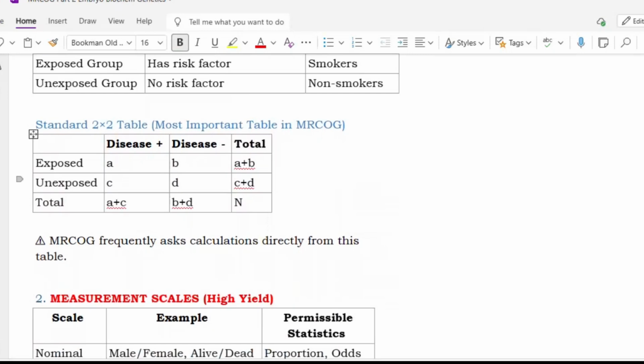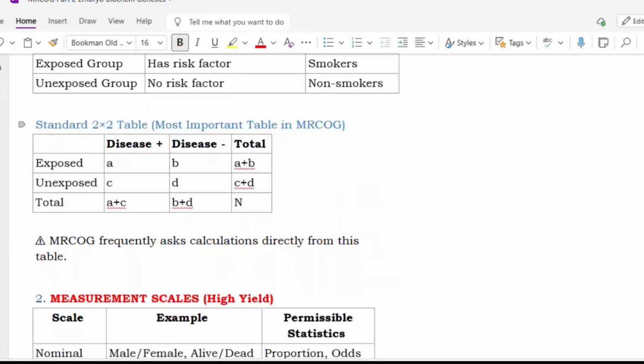These columns mention whether the disease is there or not, so the diseased and non-diseased columns. You have to remember the disease is always on the top and the risk factor is always on the side. When we deal with the screening test also, the disease or the outcome will be on the top and the test will be on the side. So please remember this.